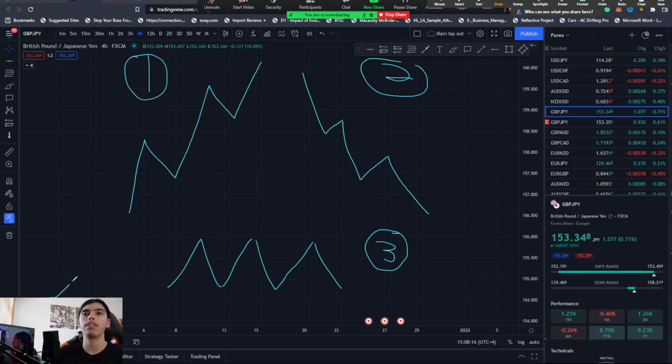You will never see a market move straight up or straight down. I mean, you will get it in a few candles, but you will never see it as a whole just move straight up or straight down, because that's not how it works. What you'll see is markets make structure. They move like a staircase. In an uptrend, we have a high and a low, and then we have a higher high, which means the high is higher than the last one, and we have a higher low, and this forms an uptrend.